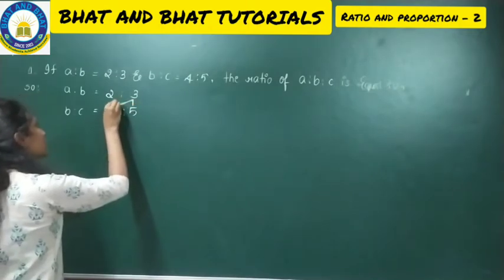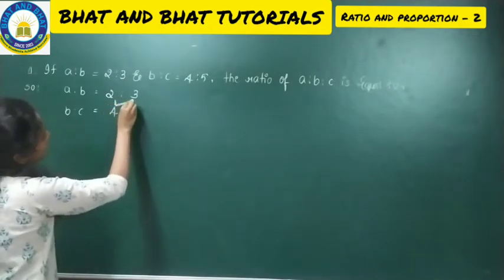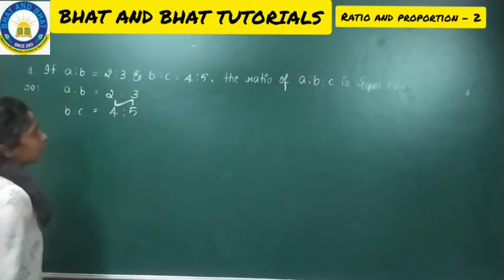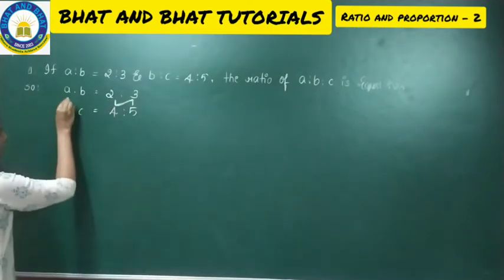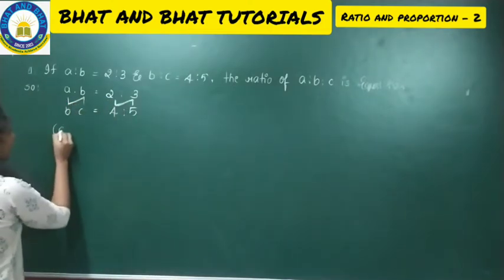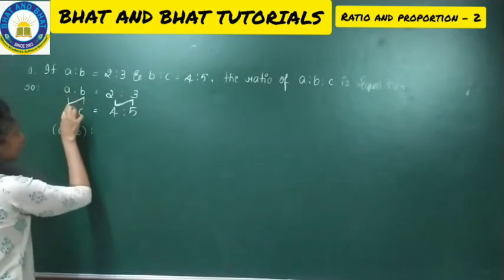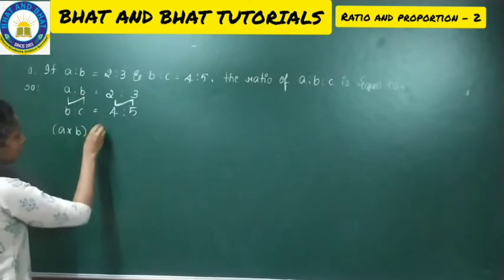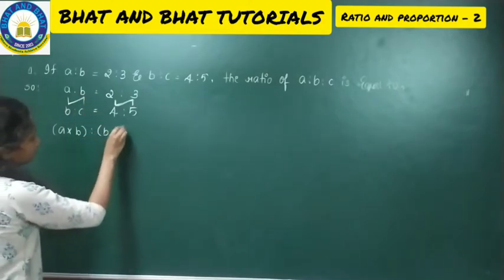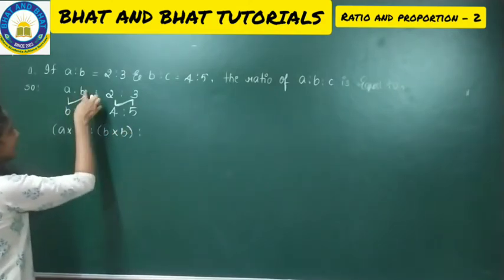Mark like this, like a reverse Z, you will draw. In the same way here, A into B is to A into B is to B into B is to B into C.